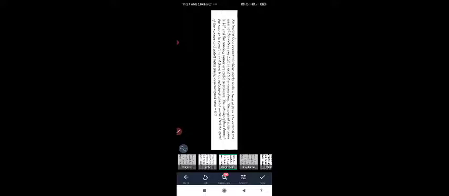Here we have to calculate the flow velocity and blade velocity and the outlet vane angle, that is phi. So first we have to write the given data.